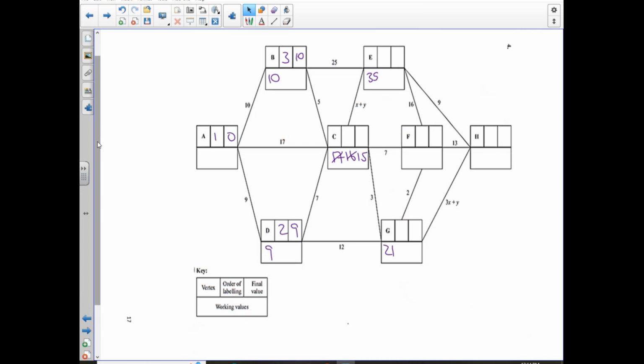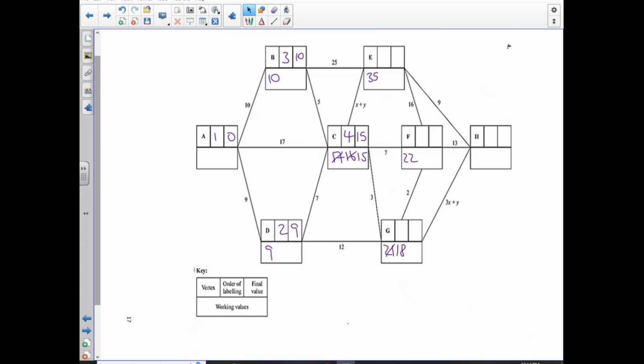Smallest out of these 3, so we've got C is 15. So that's the smallest. That's labeled up with a number 4 and a permanent label of 15. Looking at everything connected to C now. So we've got 15 add 3 gives me 18 underneath G. Got 15 add 7 gives me 22 underneath F. And underneath E, I've got 15 add X plus Y. And you need to decide if that is less than 35 or not.